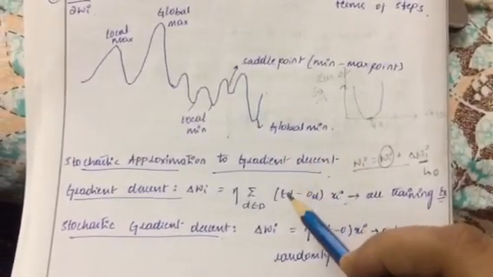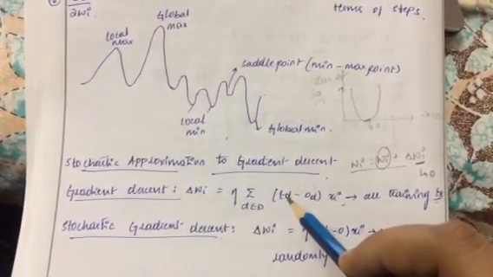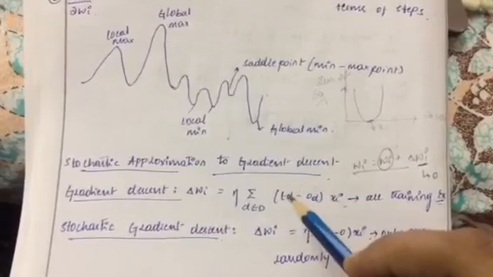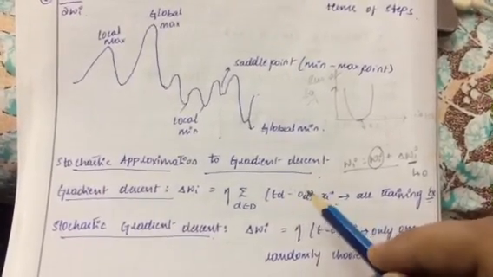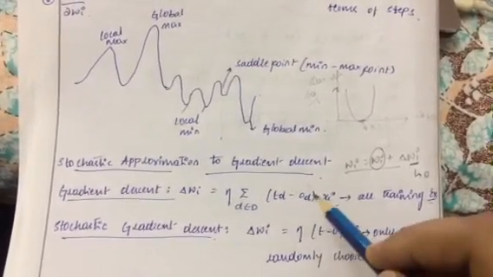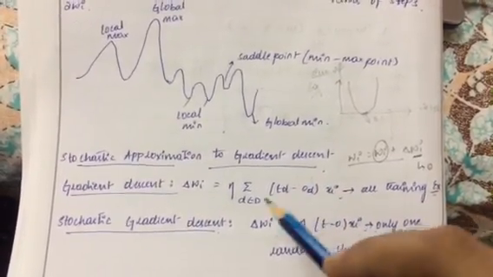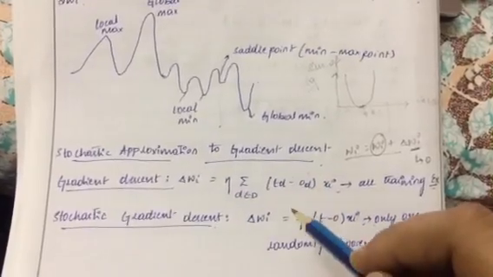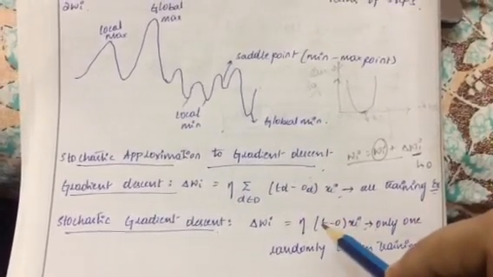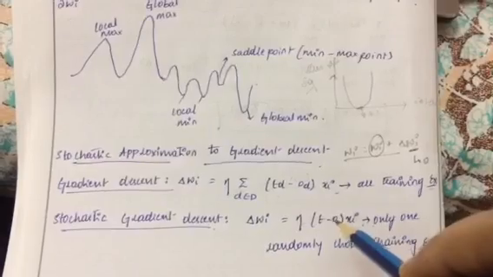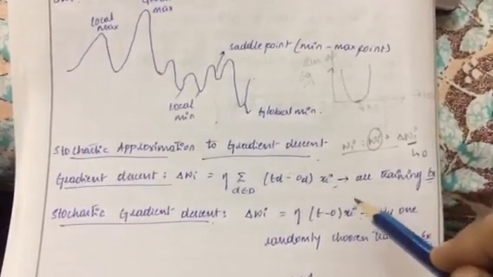Now what is td? Here it is the target output of a particular training example. od is the output of a particular training example. xi is the input, and eta is the learning rate. t is the target output, o is the output, xi is the input.